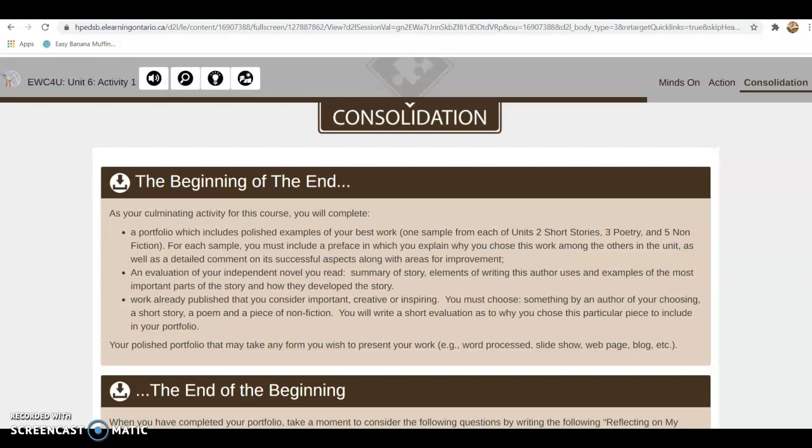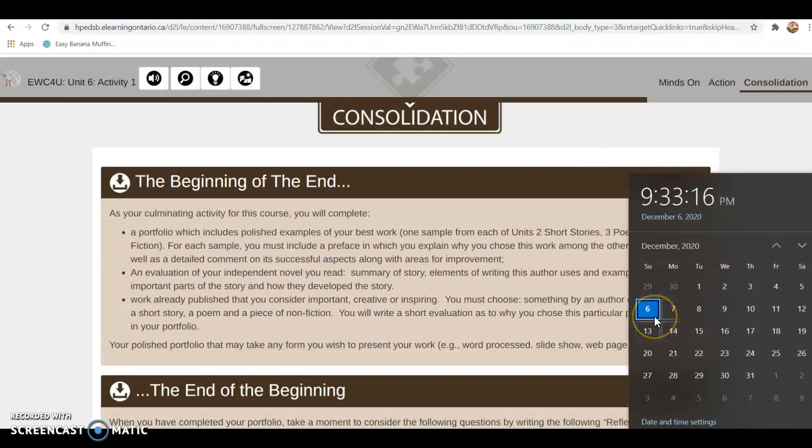Okay, so these are the components that are going to go into your final culminating activity. There is no exam in this class. This is the finality of the course. This is the last week in which we want to work on this and put it together. The final deadline for this, just looking at the calendar, the course officially ends on the 10th within the Hastings and Prince Edward District School Board.